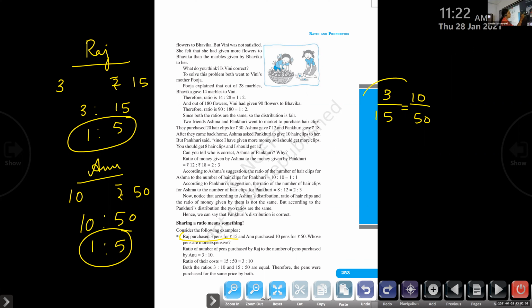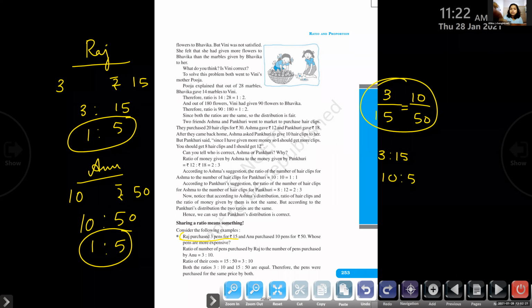If they are in fraction form, we will tell this as equivalent fractions. If they are in ratio form, they are known as proportion. If they are equal fractions, we say they are equivalent.